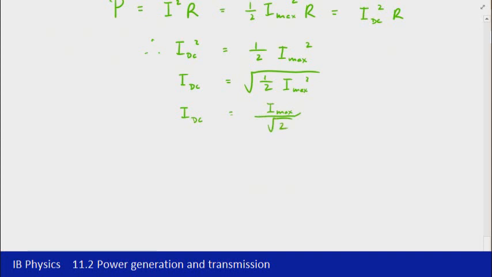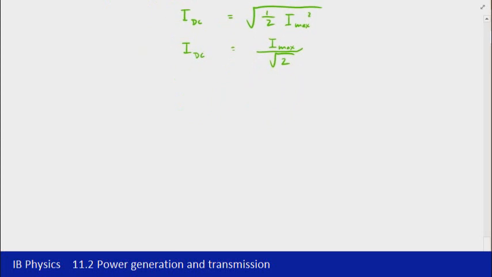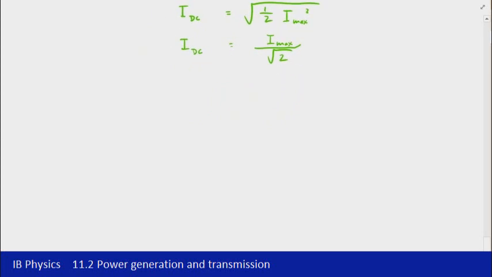So now we've got a value there that we can use a little bit more meaningfully with AC, but instead of referring to a DC, we're going to call it a quantity that relates to the AC current, and that value is actually known as the root mean squared value.